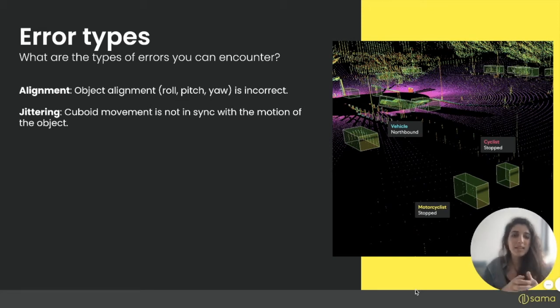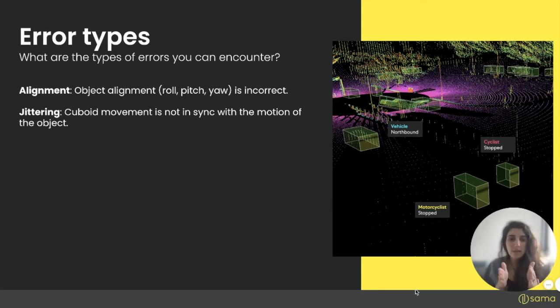And sometimes the noise of your data is going to make it really harder for you to annotate without placing good quality checks and quality improvements when you're actually looking at that data. The other example is jittering. This would be on cuboid movement not being in sync with the motion of the object.